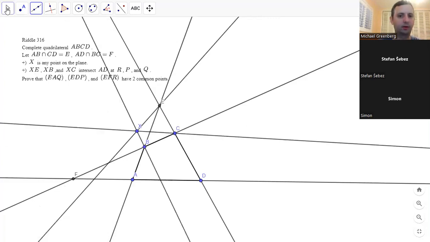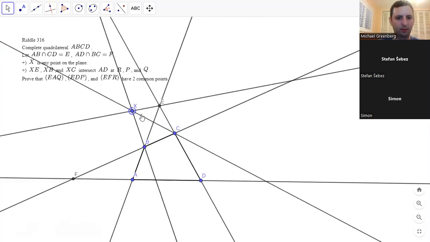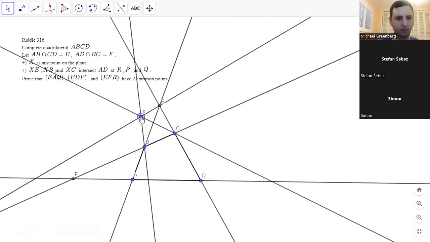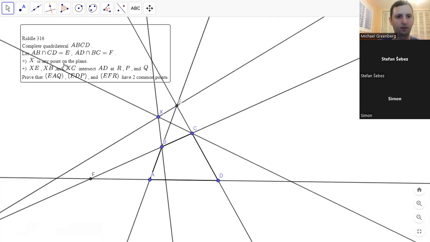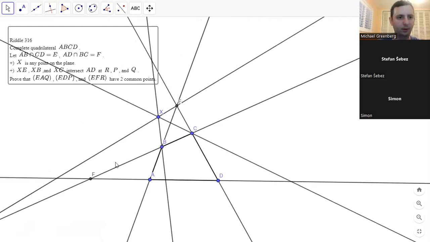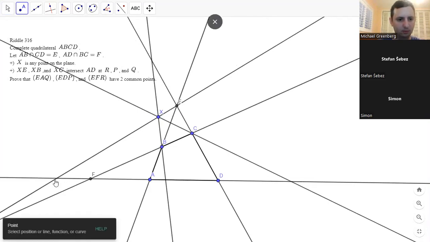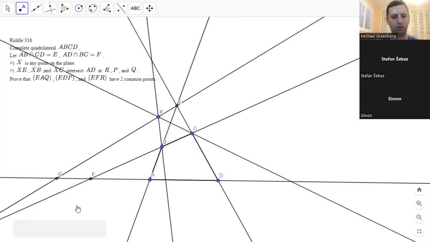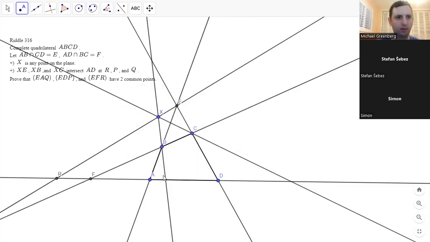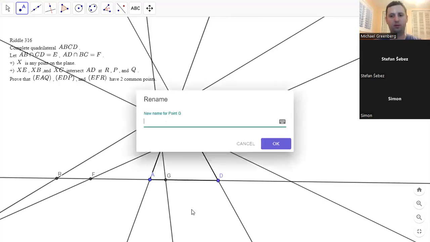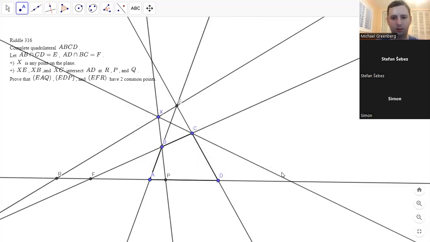We want it to intersect, so let's see, if I do it right here, that looks a little better. So it intersects them at R, P, and Q. So this is R, and then this is P, and this is Q.